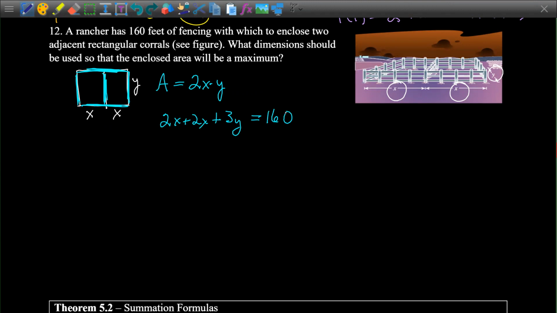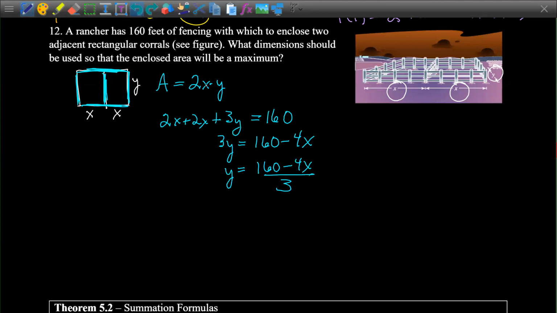So now I want to solve this for one of the variables in terms of the other, and then substitute into our primary equation. So I'm going to solve this for y, and then plug that into our primary equation.